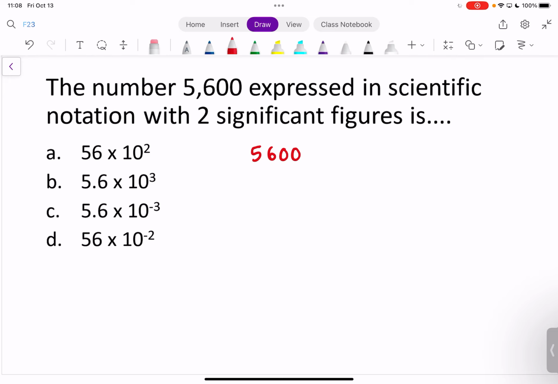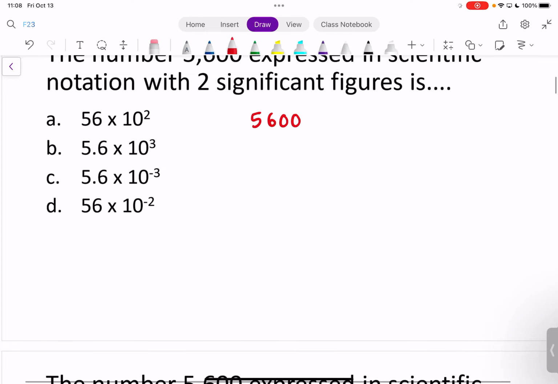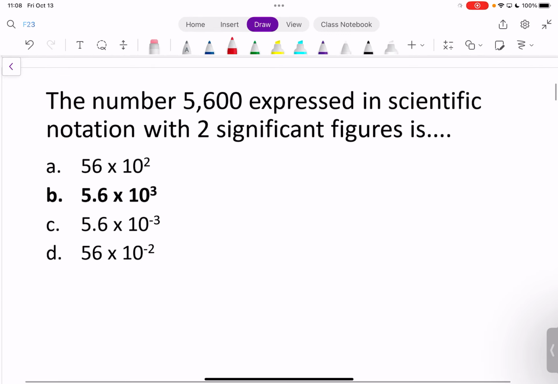All right, what do we think? First step, what is it? C. Let's see. It's actually B.